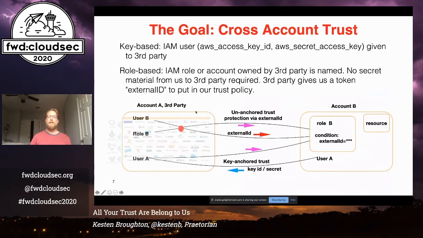The additional way that AWS supports is to have a user or role that can assume a role in the customer's account. In this case, there is no passing of secrets like in the key-anchored case. There is only the passing of an external ID, which the vendor shows to the customer, and the customer is supposed to include in their role policy. So it's a very different structure in terms of the flow of establishing that trust.